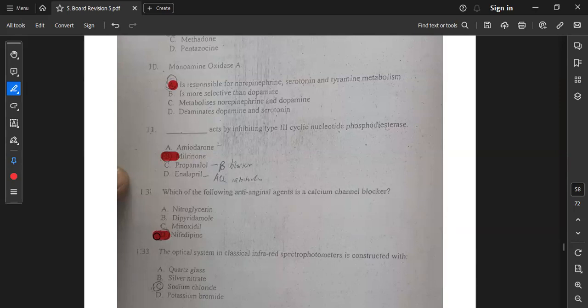The optical system in a classical infrared spectrophotometer is constructed with quartz glass, silver nitrate, sodium chloride, or potassium bromide?